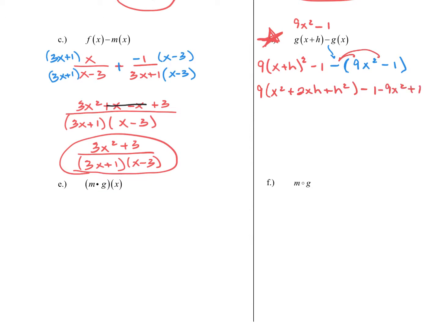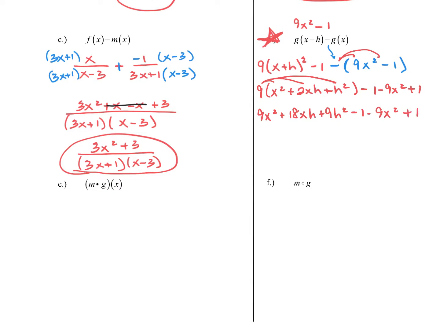You've got to be really careful in writing your steps here. At this point, I can distribute my 9 to this entire expression here. So this will become 9x squared plus 18xh plus 9h squared. And then I, of course, still have minus 1 minus 9x squared plus 1.